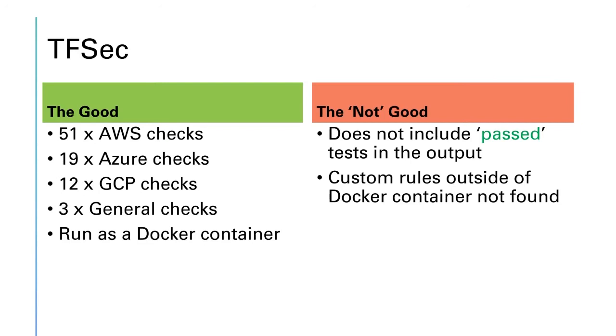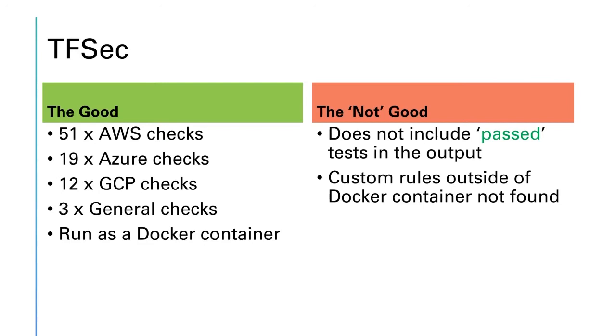That's okay if you're downloading the executable or building the package and injecting that. But when you're executing it as a Docker container, which again is a cleaner way to execute it, there were some challenges to get custom rules in so TFSec would look at those other rules.